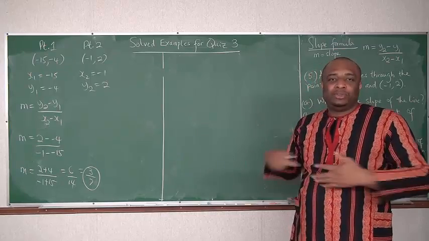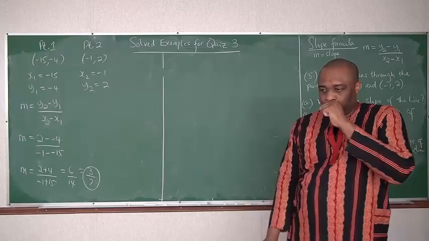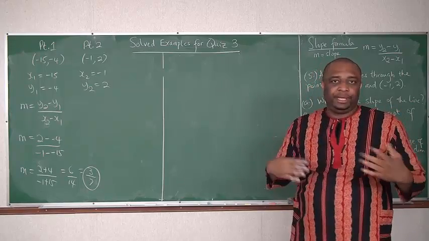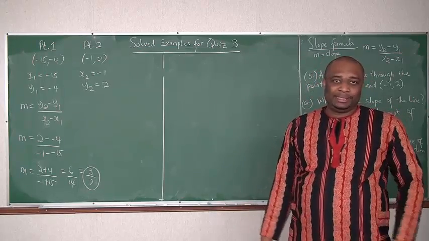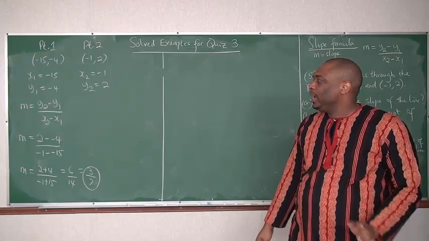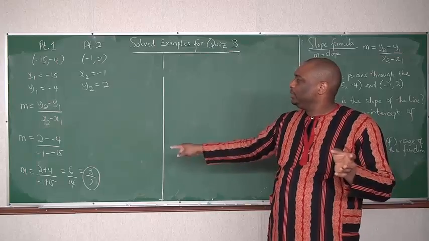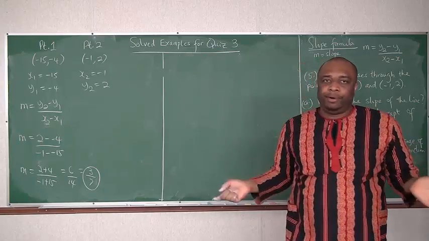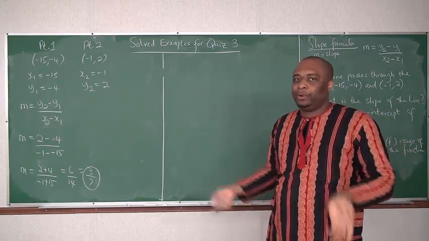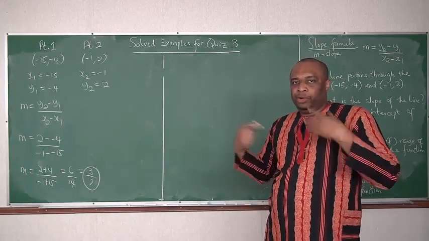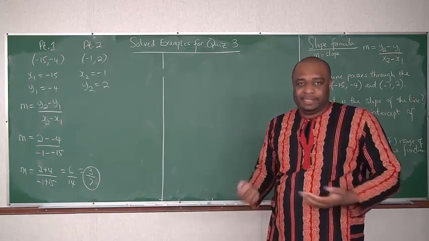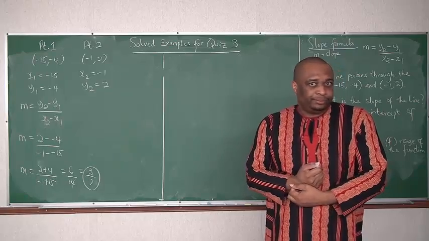Or another thing we can do is to solve it without graphing it. How do we do that? Since we know the slope, we can use any point. We can use point 1, we can use point 2. I'm going to use both points, so you see for yourself, it's going to give me the same equation.